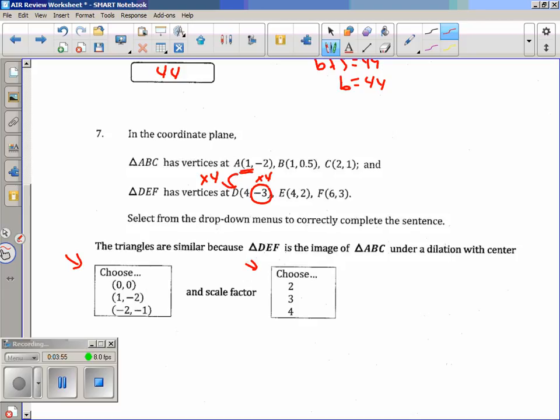So my center cannot be 0, 0. Choose one of the other centers. If I choose 1, negative 2, or C, I would go through the same process.